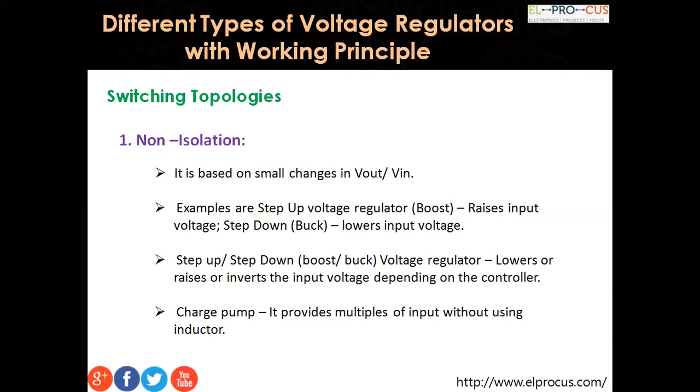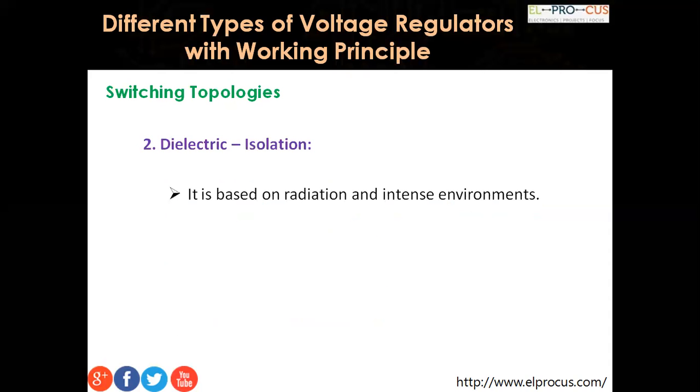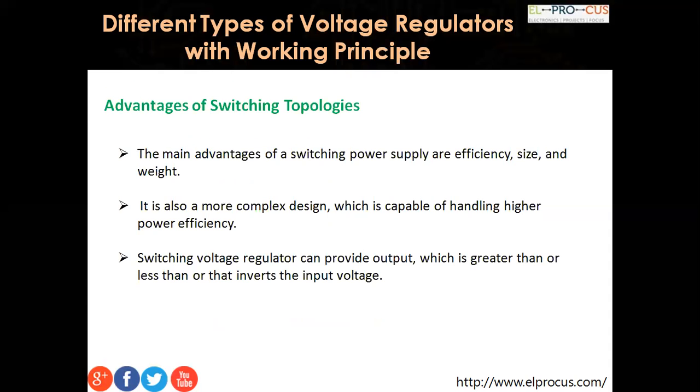This type of switching voltage regulator we call a charge pump voltage regulator. And dielectric isolation will be based on radiation and intense environments, but it is not in our syllabus.